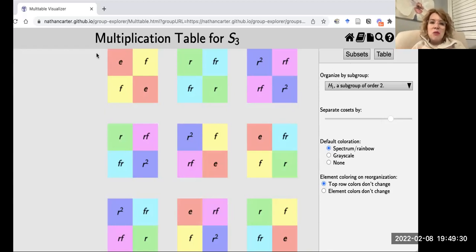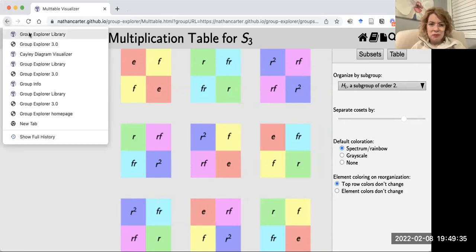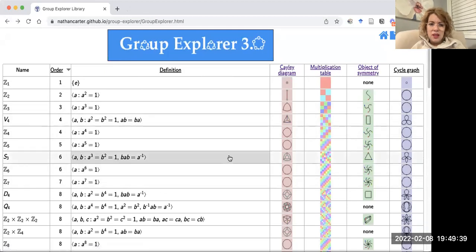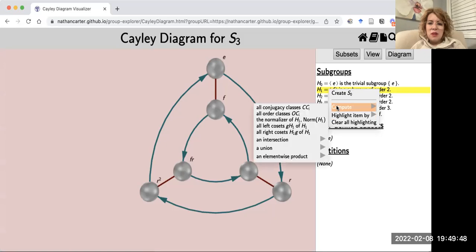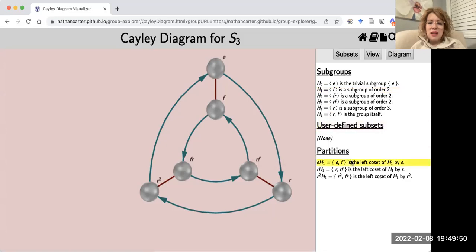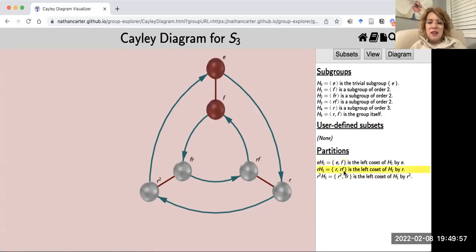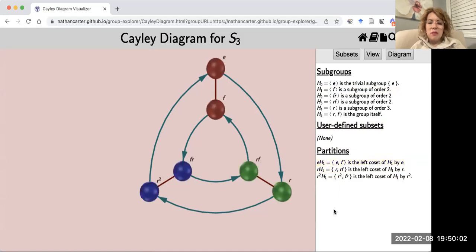And if we look at the same one, this H1, in a Cayley diagram, so going back, I think S3, yeah, H1 is labeled the same thing. I'm going to compute the left cosets again. And now I highlight the partition.